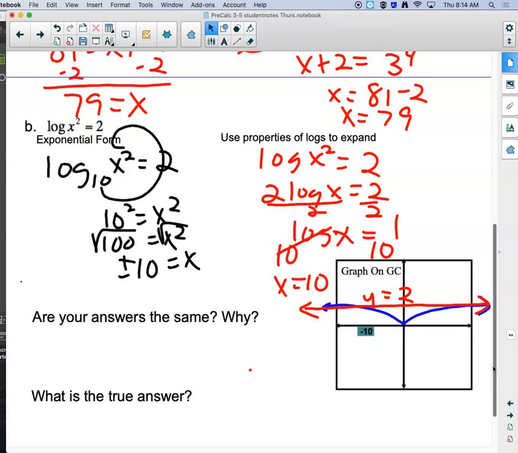Are your answers the same? No. So when our answers don't come out the same, what really happened? Well, we lost an x value, and that x value is from the domain. So I go back and think, is that something I should have known about? And the answer is yes.